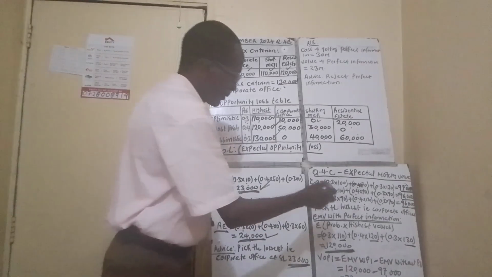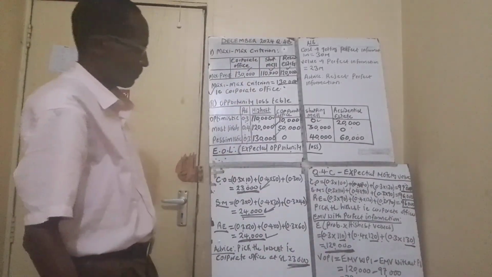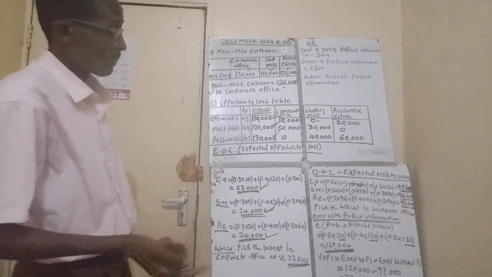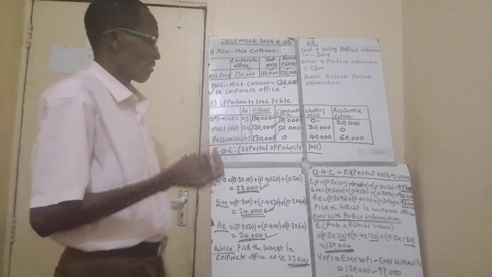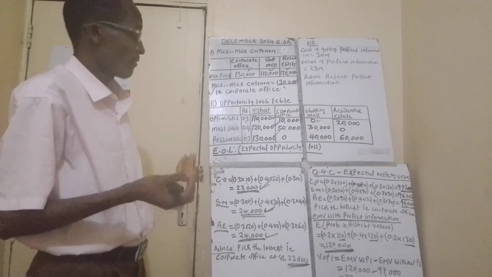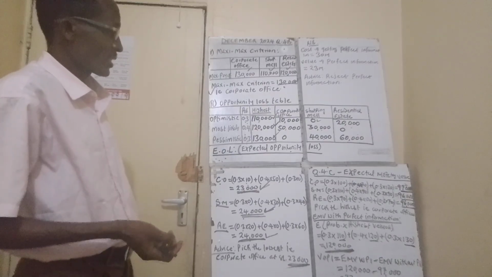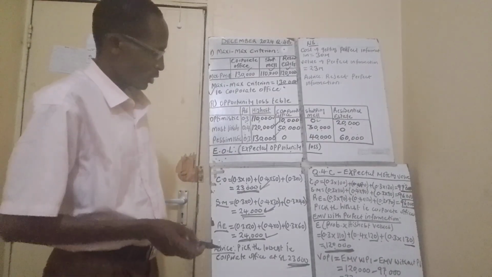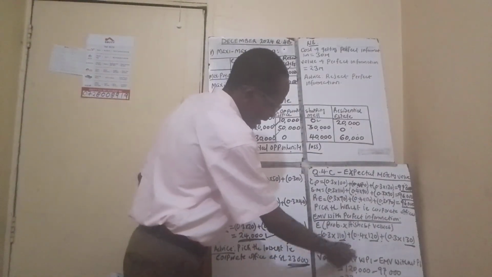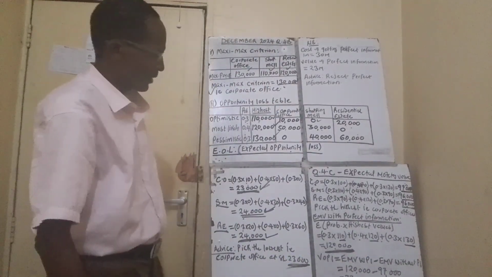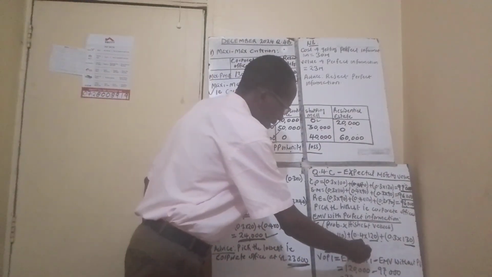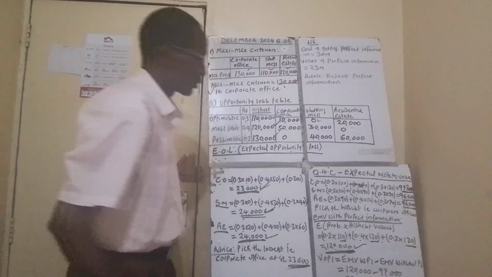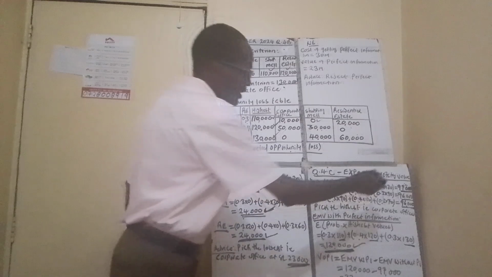So value of perfect information is given by expected monetary value with perfect information minus expected monetary value without perfect information. My expected monetary value with perfect information is 120,000, and without perfect information is 97.